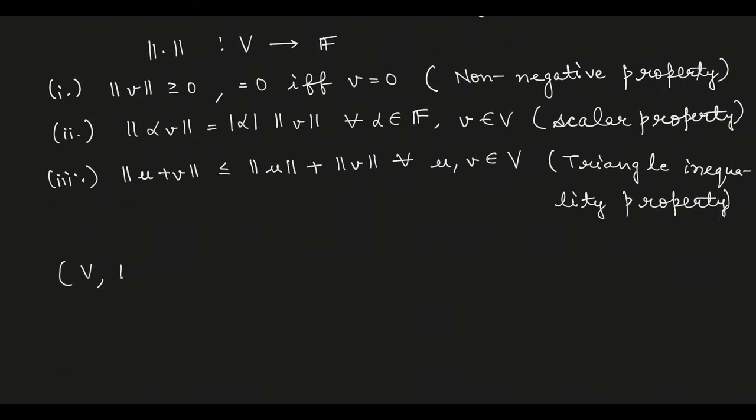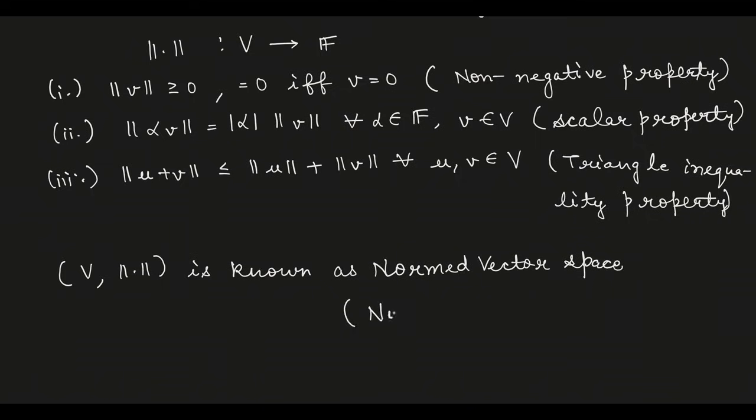A vector space V with the norm is known as a normed vector space or normed linear space.